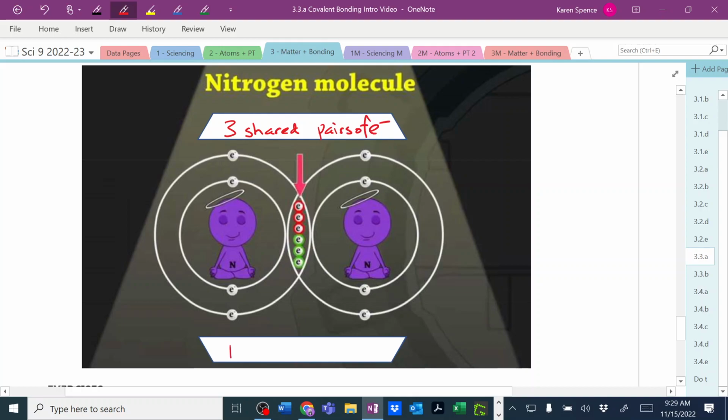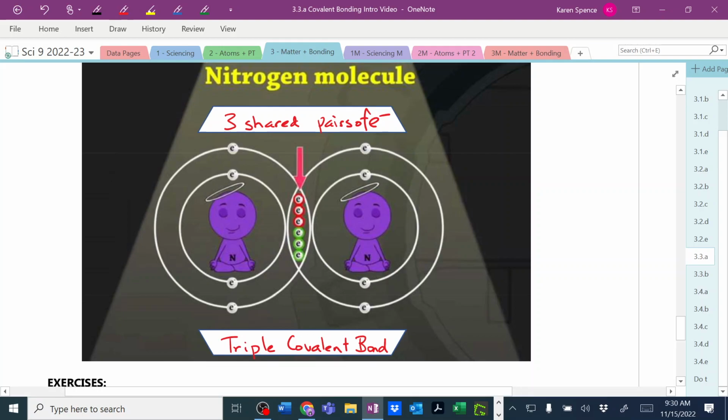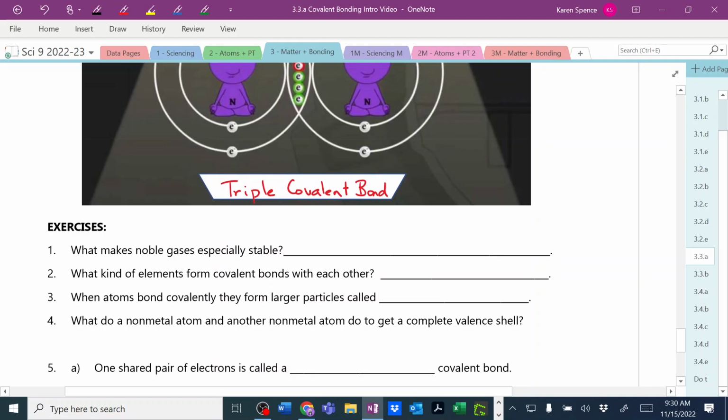And this is a triple covalent bond. You want to spend a couple minutes doing the exercises? Yeah? Okay.